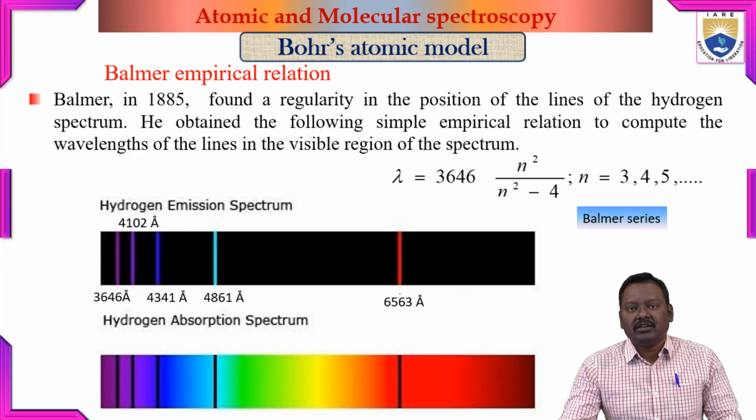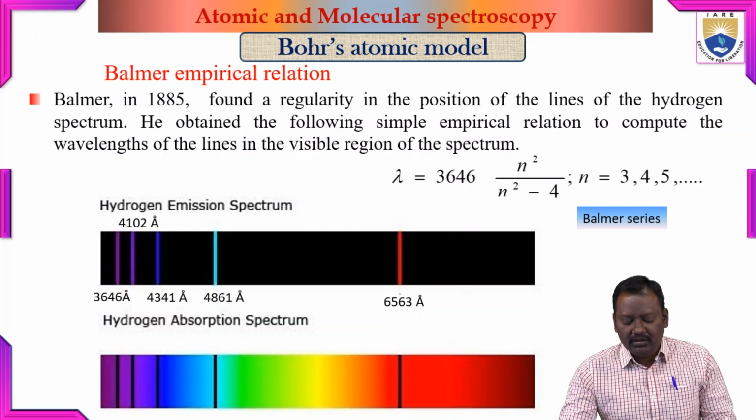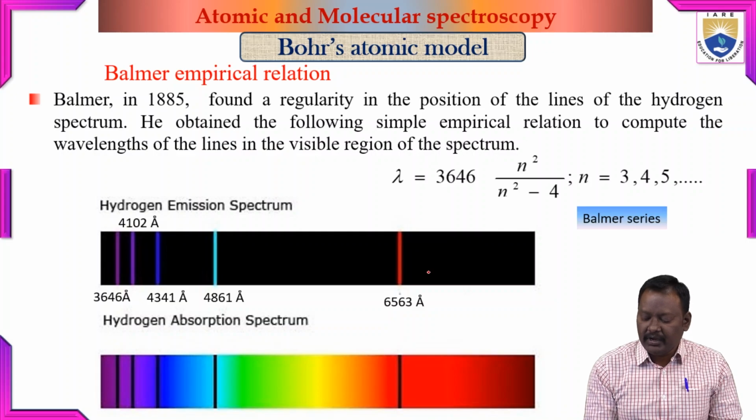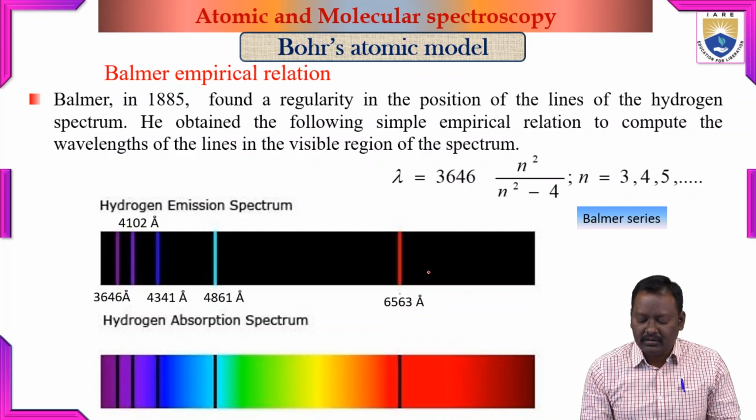In the previous lecture we discussed the line spectrum, which is due to the emission of radiation at different wavelengths, observed by different scientists in different regions.